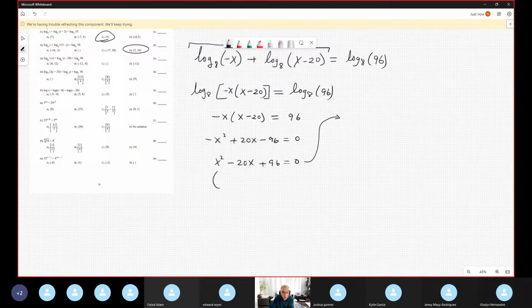Yeah, you are right. She said that 12 and 8 is possible because 12 times 8 is 96. Nice. And somehow 12 plus 8 is 20. What sign do I put in the factorization? Negative for both. Yes. So one solution is positive 12 and another solution is positive 8.